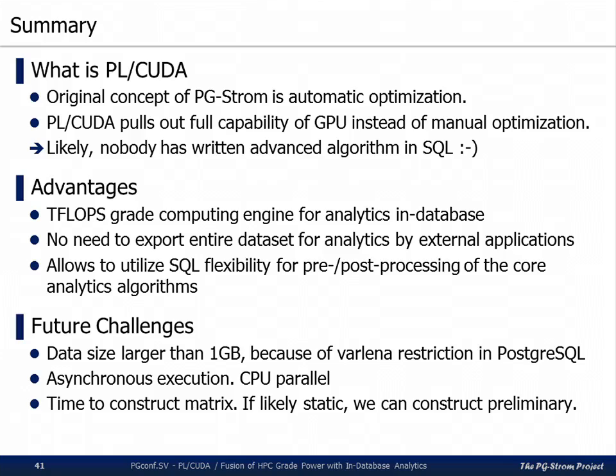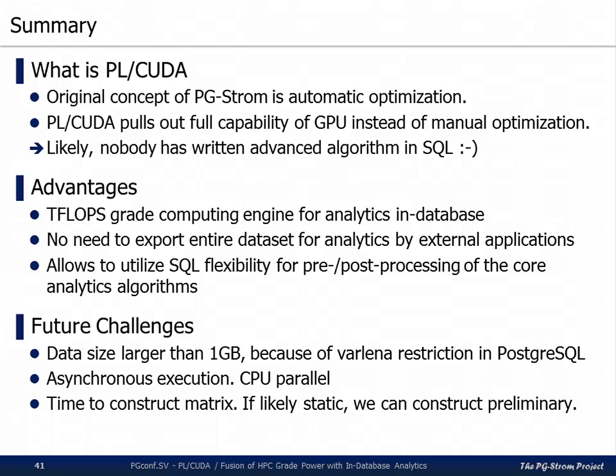And currently, the PL/CUDA function is synchronous only. So for more performance, we need to investigate the opportunity for asynchronous execution, but CPU parallel will give a similar feature, so we may not need to implement it individually.